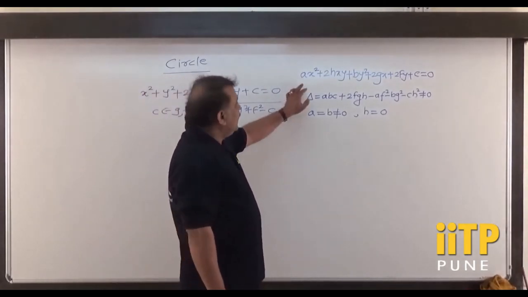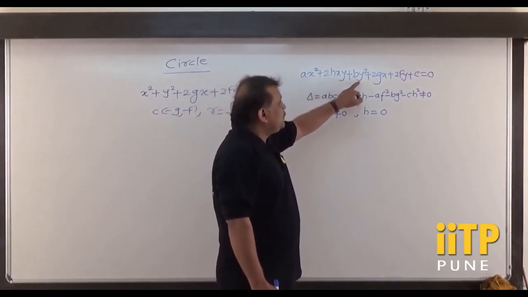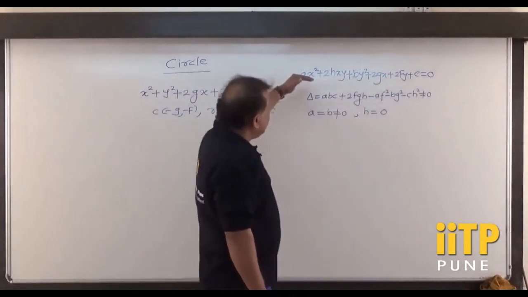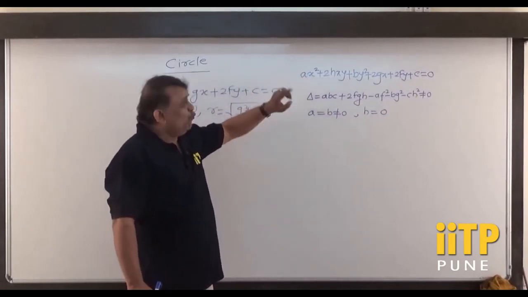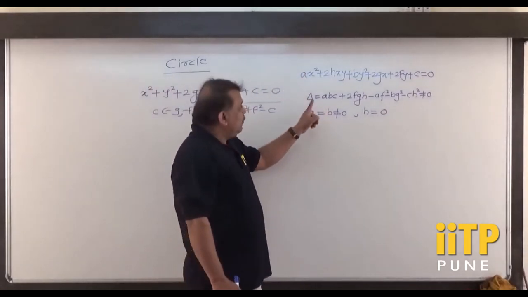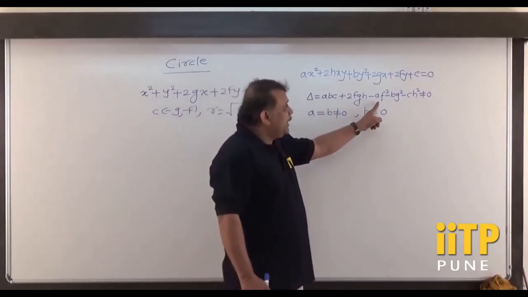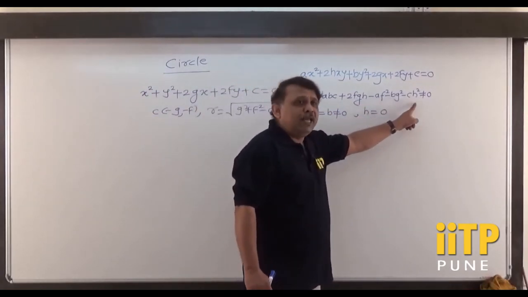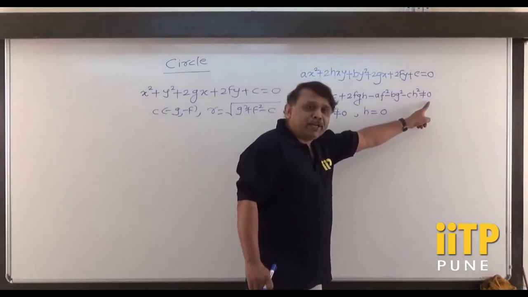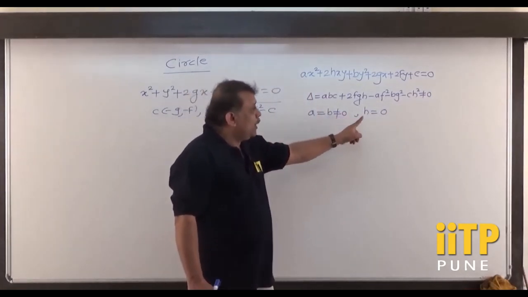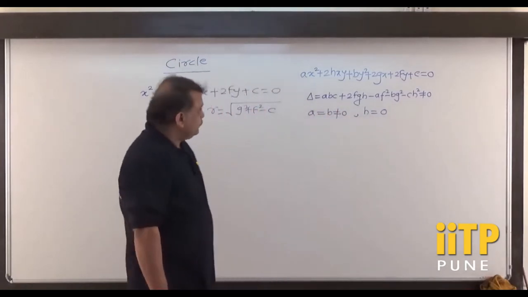Just now we have seen that ax square plus 2hxy plus by square plus 2gx plus 2fy plus c equal to 0, this second degree equation in x and y, would represent a pair of lines if delta equal to abc plus 2fgh minus af square minus bg square minus ch square is not equal to 0, a is equal to b and not equal to 0, and h is equal to 0.